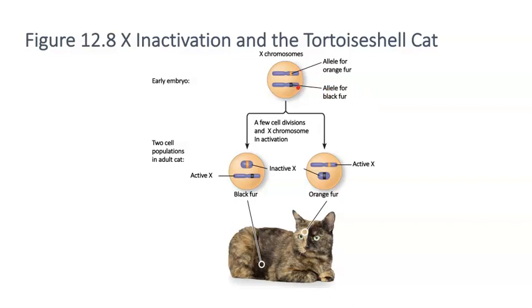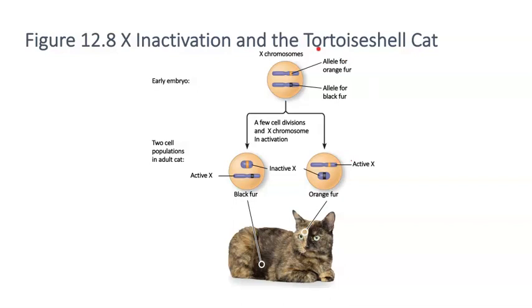And so when cats go through their developmental process, some of the cells will inactivate the orange allele, the orange chromosome of their 2 X chromosomes. And some of the cells will inactivate the black chromosome, the one with the black allele on it. And the active one will be the one with the orange.